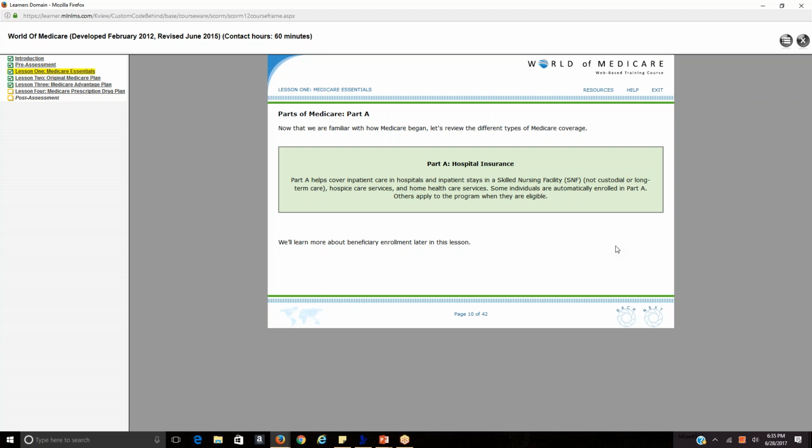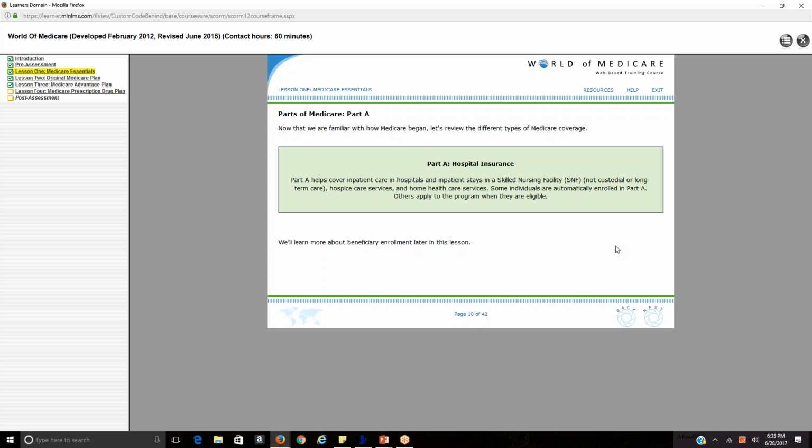Now, this is something not everybody knows. Most people are under the assumption that as soon as you become age 65, you're automatically enrolled in Medicare Part A. But that's not necessarily true. In order to be eligible for Medicare Part A, you must have contributed at least 40 quarters of payroll deduction into the Medicare Part A program.